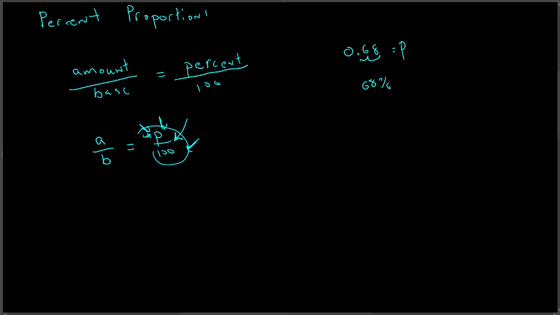So we can make a proportional representation of a percent. So I can have 35% of what number is 28. So here's my percent.